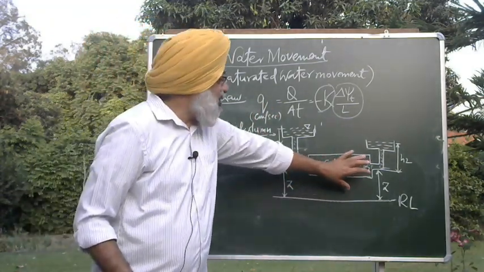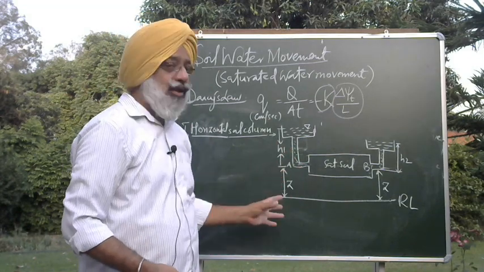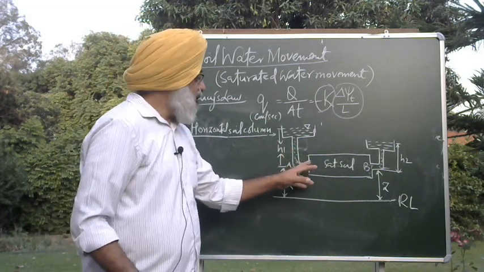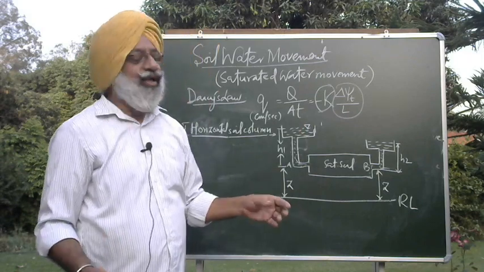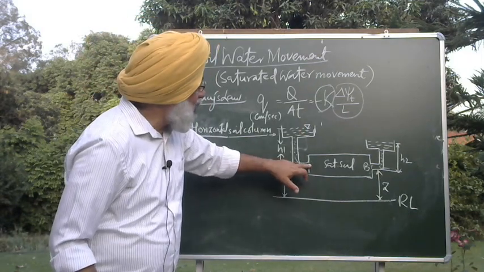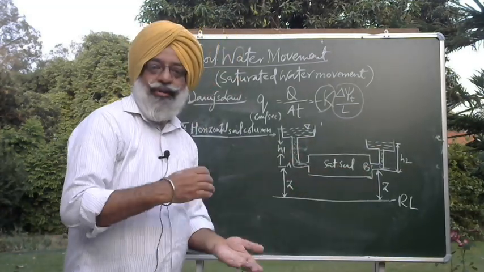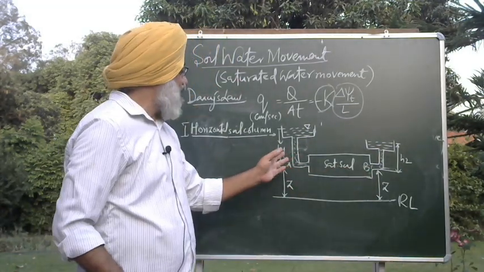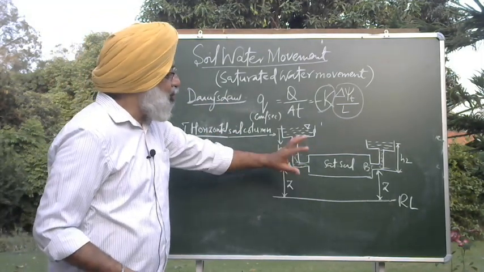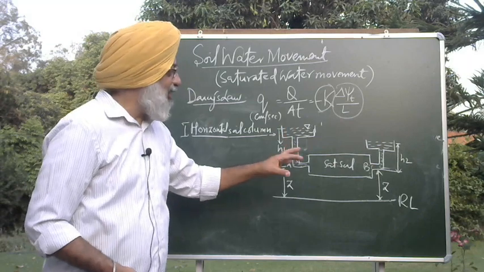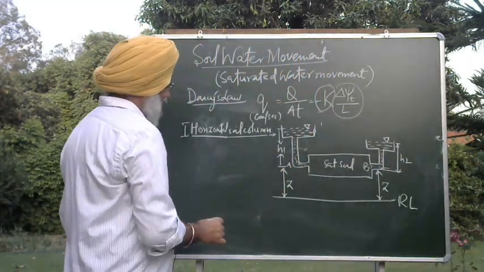Supposing this is not a lab experiment and you are doing it in the soil under natural conditions, you can simply measure this pressure potential with the help of a piezometer. You install one piezometer over here at point A, another at point B. The water level in the piezometer is basically your pressure potential, nothing else. But since I am showing it schematically, diagrammatically, that is why I am trying to maintain a head of water over here.